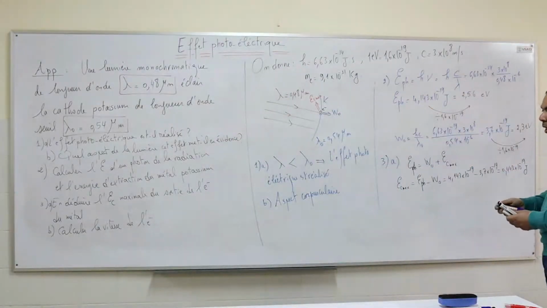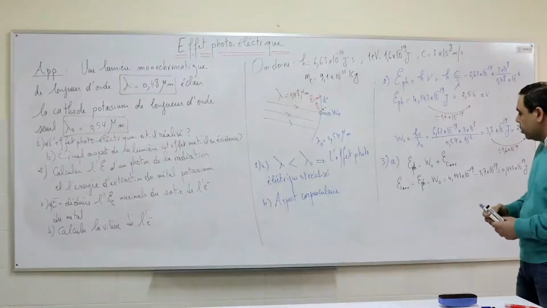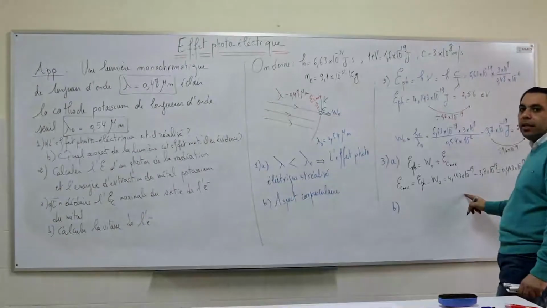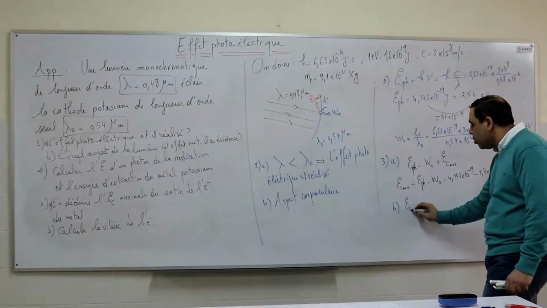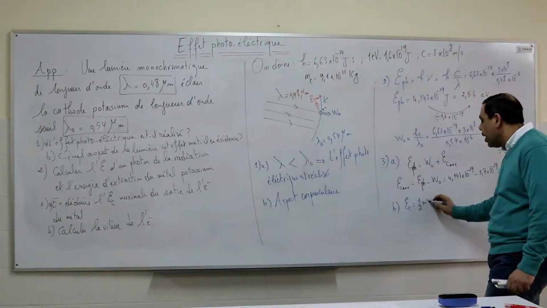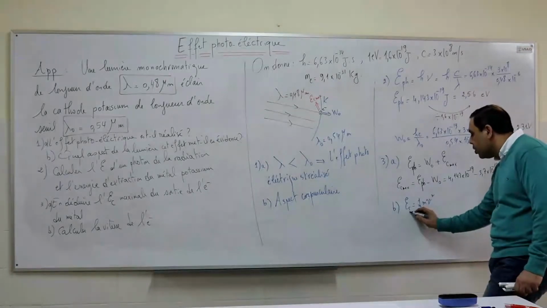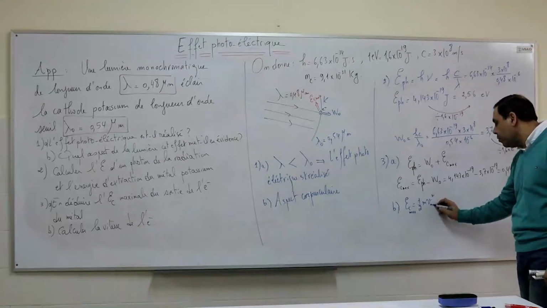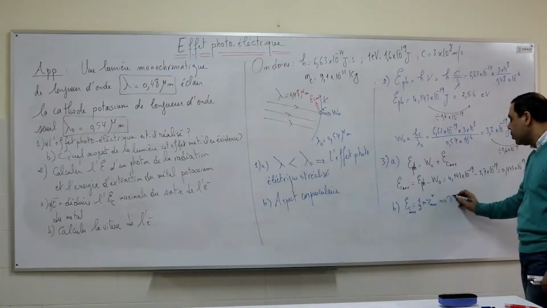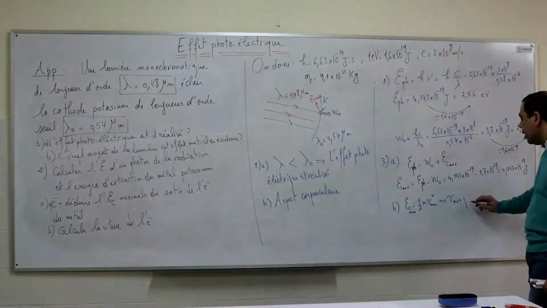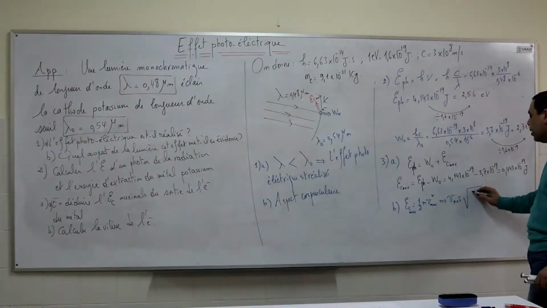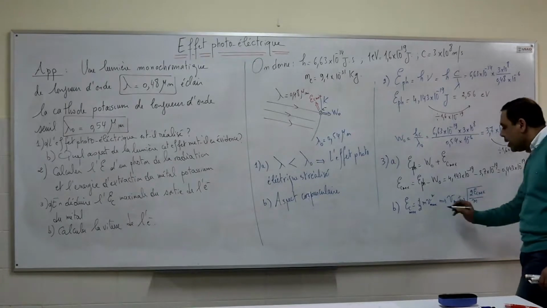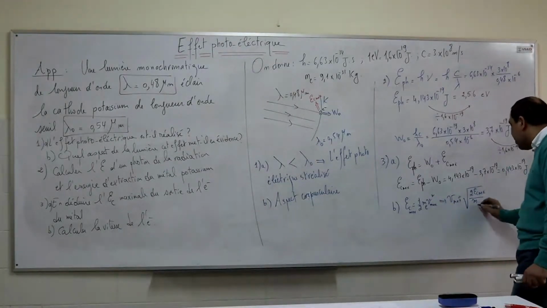Calculate the speed of the electron. The kinetic energy of the electron, which is a particle, is equal to half mv squared. The electron will leave the metal with a maximum speed. The speed is equal to the square root of 2 KE maximum over the mass of the electron.